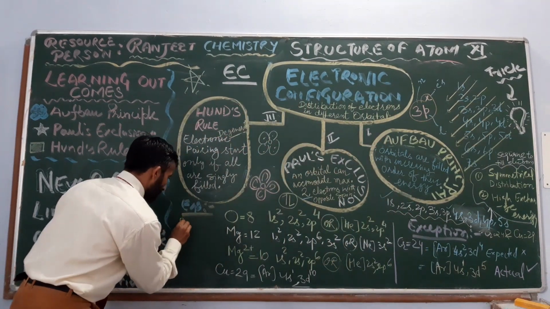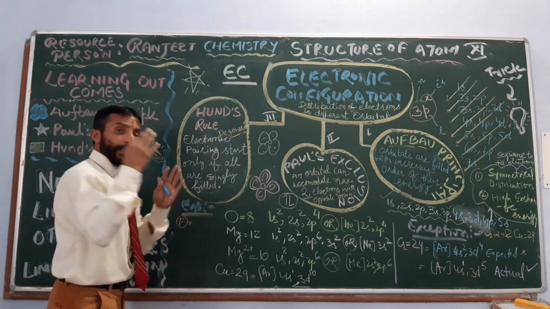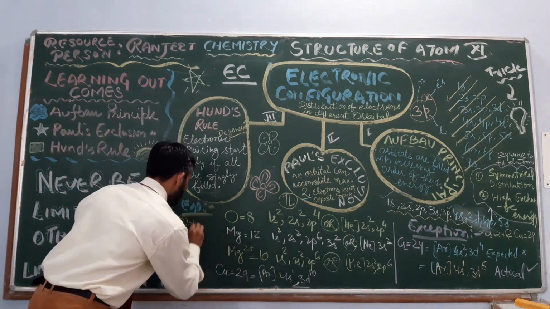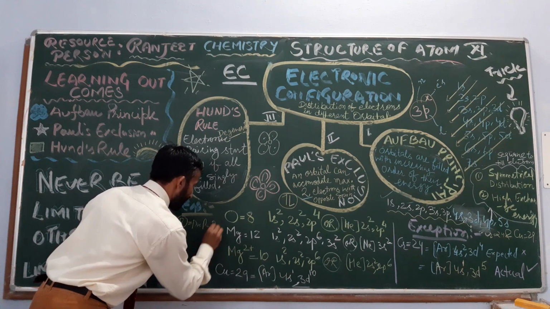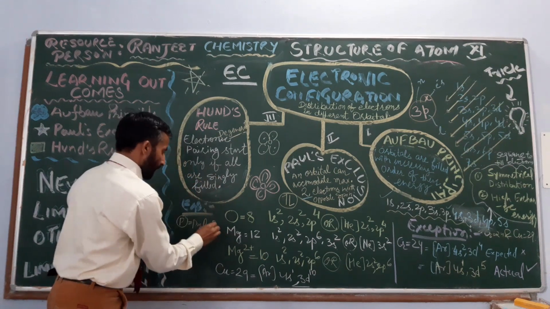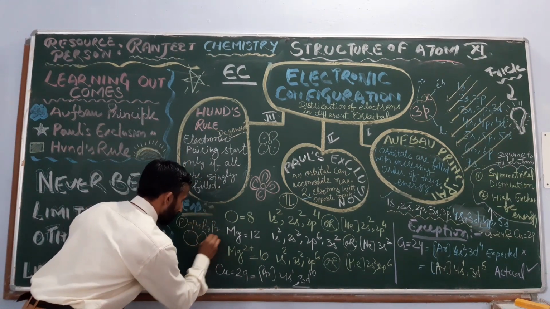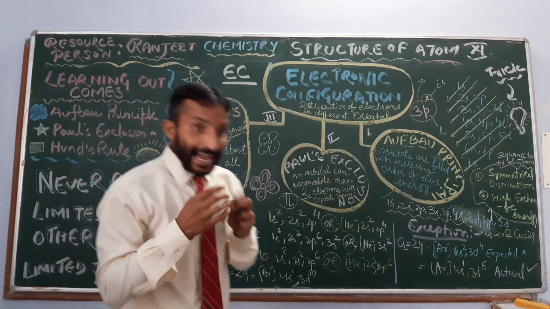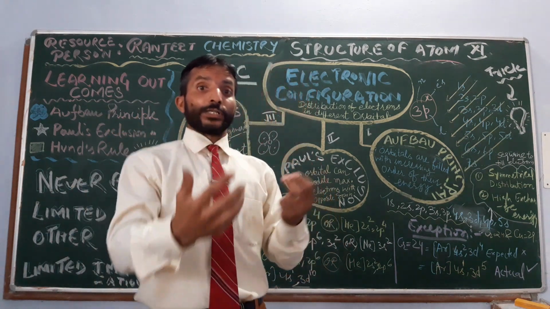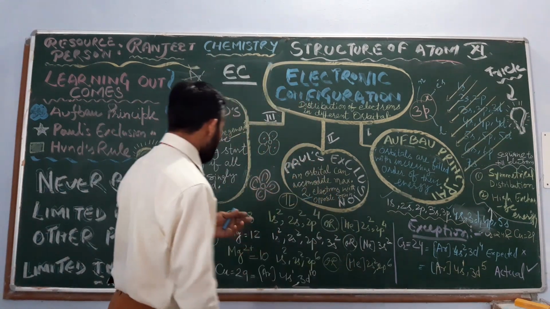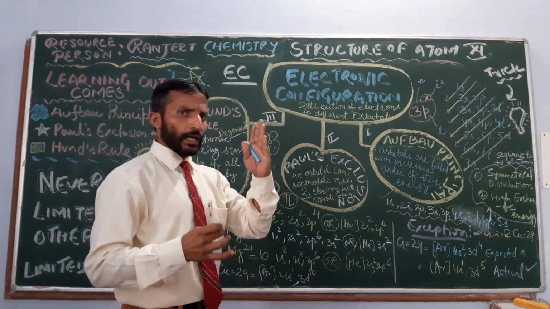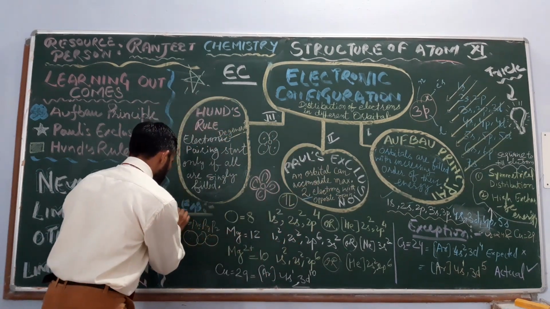in the p subshell, we have 3 orbitals, px, py, pz. So when I fill electrons in these 3, how do I distribute the electrons? For example, I have to fill 4 electrons in the p orbital.